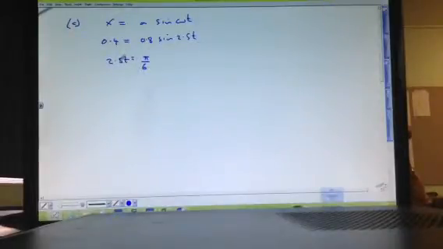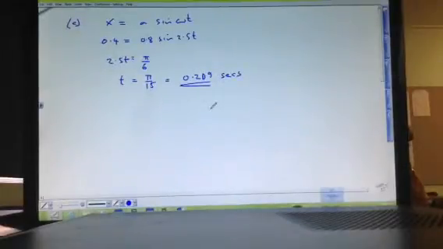This is 5 over 2, so it's going to be pi over 15, isn't it? t is pi over 15, which works out to be, what do you get, Brad? 0.21. Just give me one more figure. 0.209. It's usually 3 sig fig for this stuff. 0.209 seconds it will take to go from centre to there. And there's the answer.